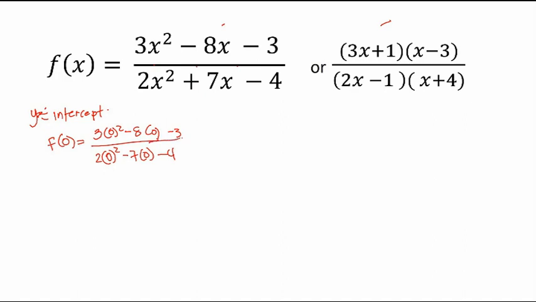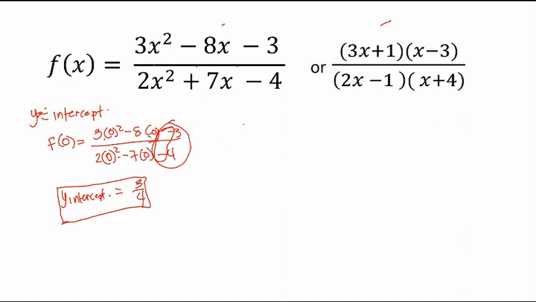So, in short, ang matitira na lang natin is negative 3 over negative 4, kasi parehas naman siyang 0. So, we have 3/4 as our Y-intercept. Bakit siya nag-positive? Kasi parehas po siyang negative. So, negative divided by negative is positive. That's why, sa 3/4, mag-i-intercept si Y.